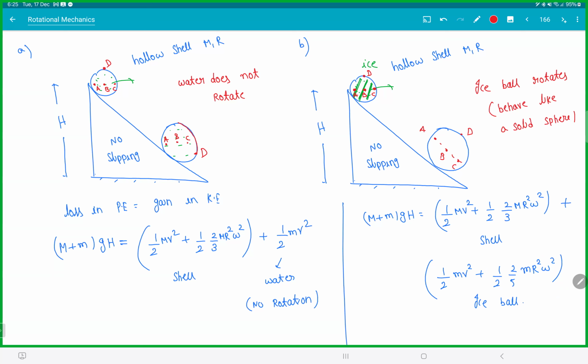So that is the meaning of this. The water is in pure translation here. The water will simply slide in a straight line. It doesn't rotate, whereas here, the ice ball will actually rotate. Clear, everyone? It's not a tough one, but a conceptual one. You should know it doesn't rotate in this case. Anyone who is not clear with this, please ask.